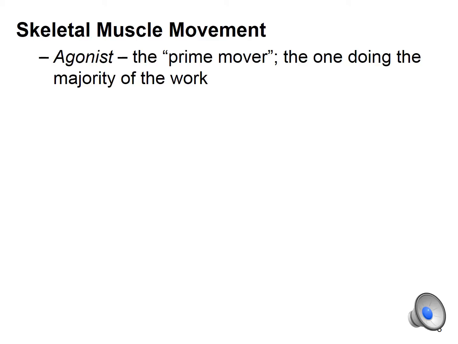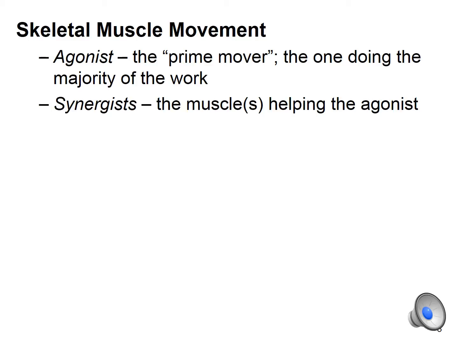Okay, so when we are dealing with skeletal muscle movement, there are some more key terms that you need to become familiar with. The agonist is the prime mover, the one doing the majority of the work. If you were doing some bicep curls, the biceps brachii would be the prime mover, the agonist in that exercise.